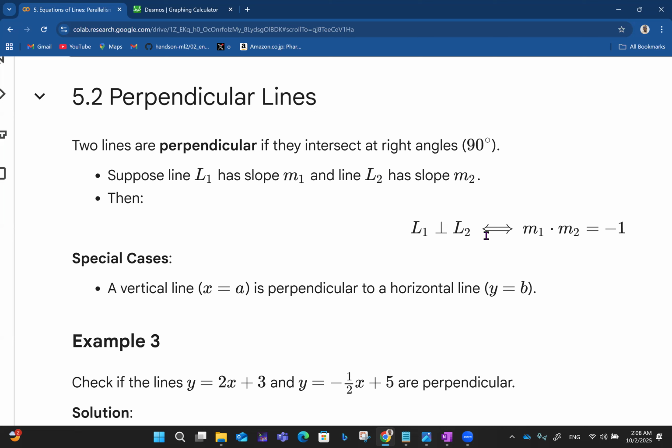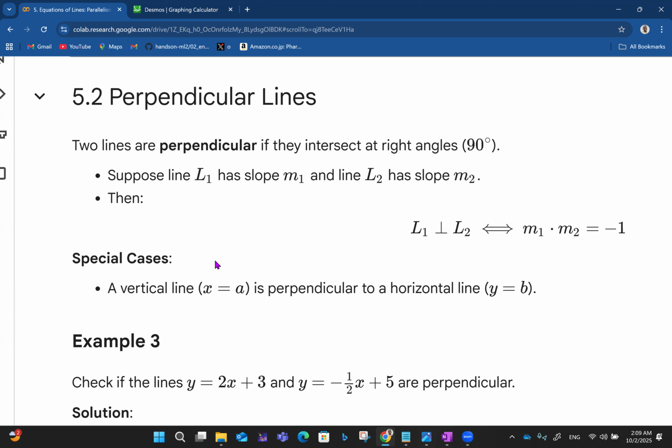Of course, you already know that to get the slope of a line, if we know the angle of inclination, we take tan. So L1 is perpendicular to L2 if and only if the product of M1 and M2 is equal to -1.